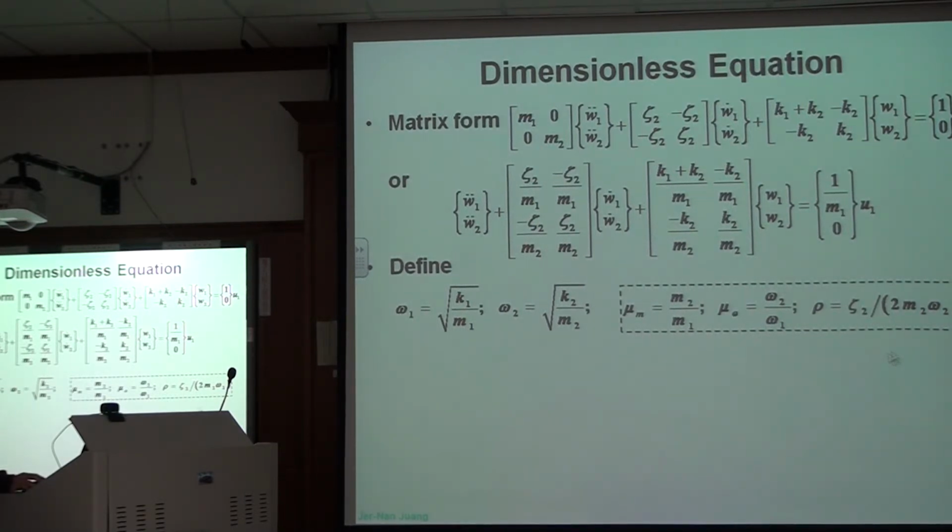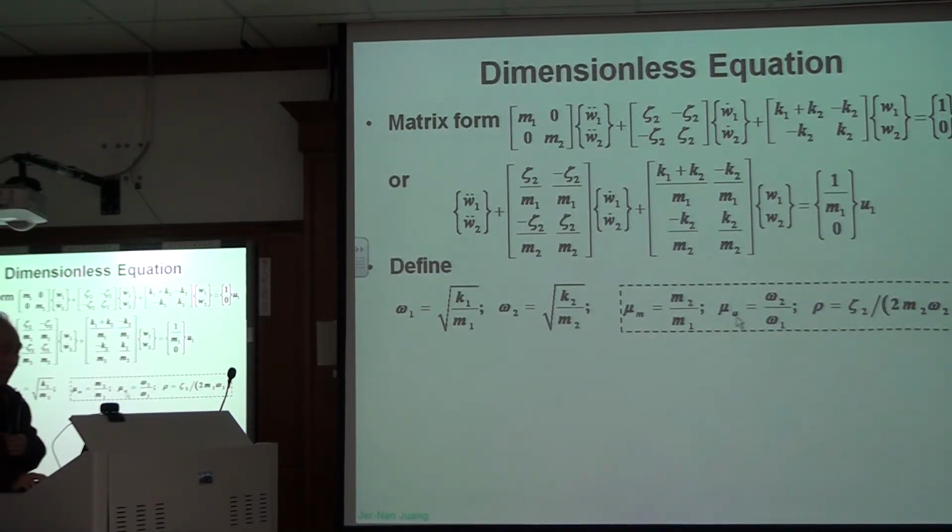I still have three here, but I look at mu m, M2 divided by M1, mu omega, omega 2 divided by omega 1, and zeta 2, which we call the damping ratio.